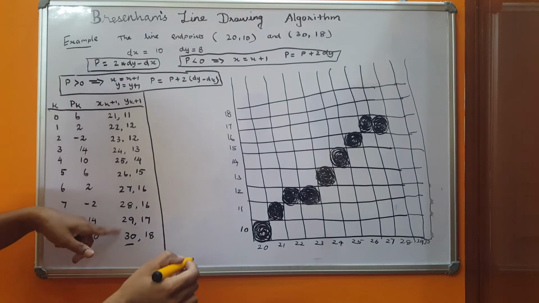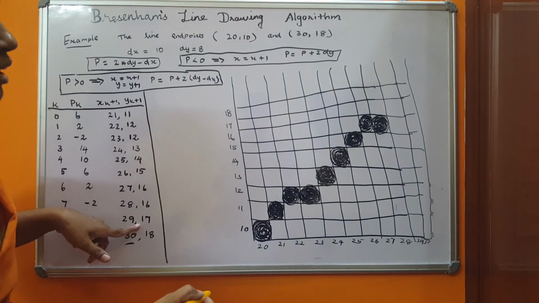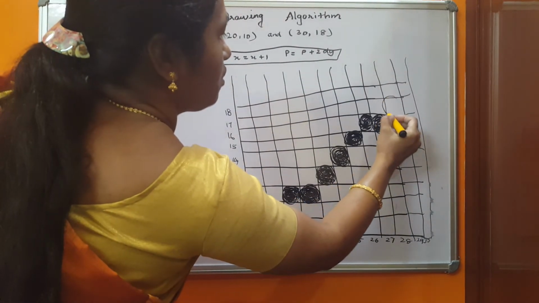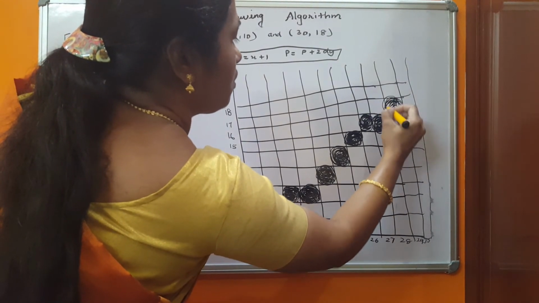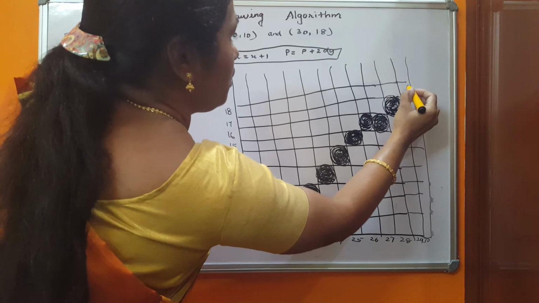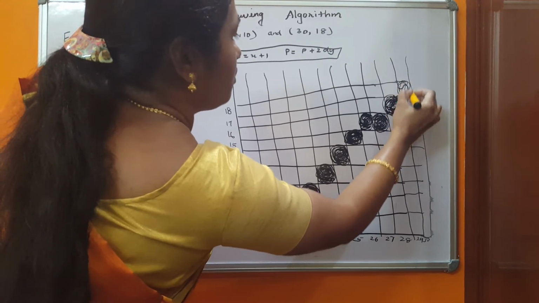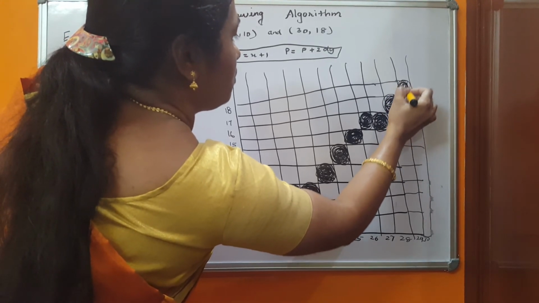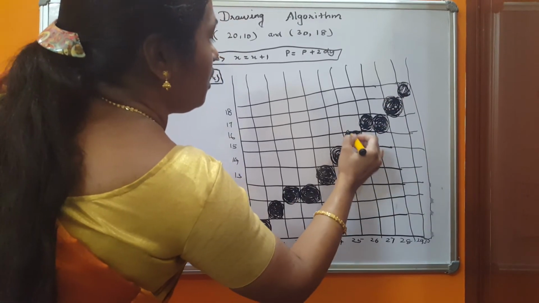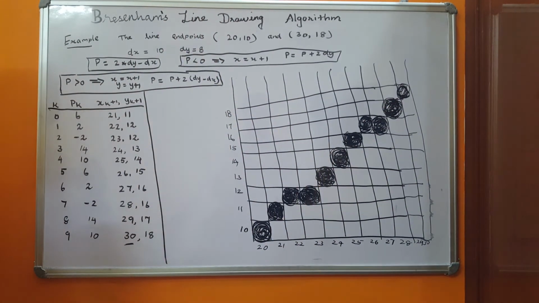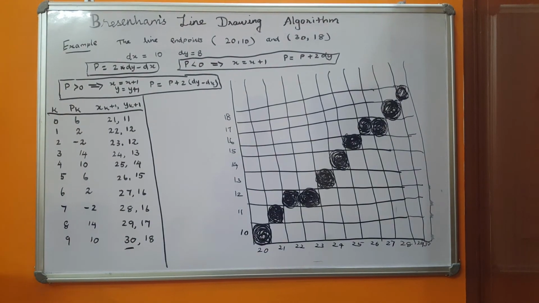Next point 29, 17. The last point 30, 18. In this way, the Bresenham algorithm is produced.